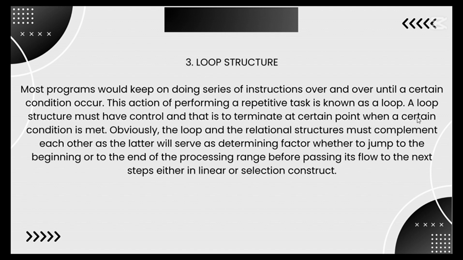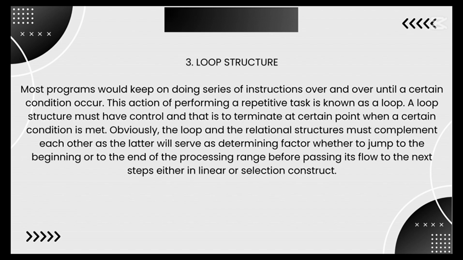So a loop structure must have control that will terminate at a certain point when a certain condition is met. Obviously, the loop and the relational structures must complement each other, as the latter will serve as the determining factor whether to jump to the beginning or the end of the processing range before passing it on to the next steps, either in a linear or selection construct.